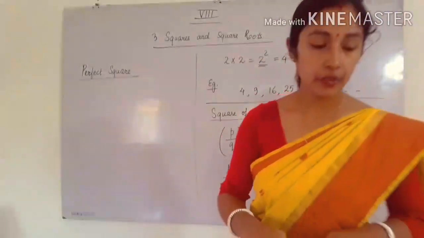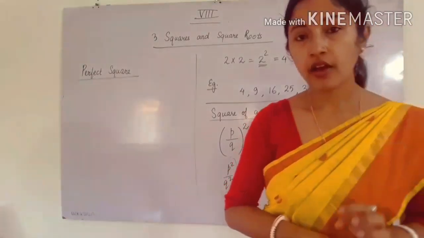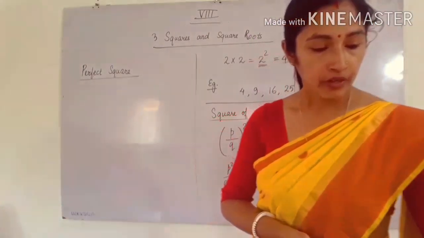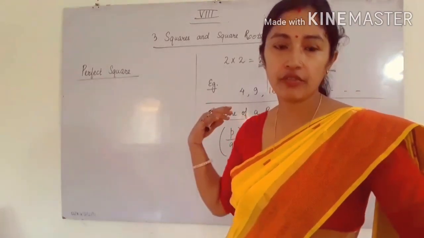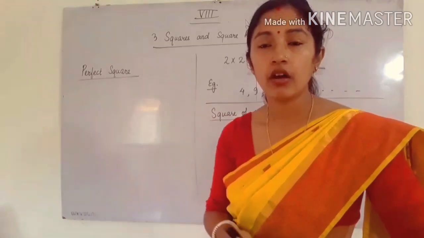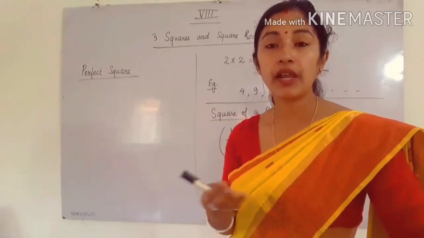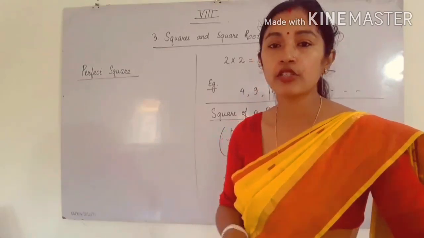So the next topic is perfect square. What is a perfect square? See, perfect squares are obtained by multiplying a number by itself. That is the same; we have already learned that topic. So for example, 1 square. How will we get 1 square? By multiplying 1 with itself. So 1 square is a perfect square.